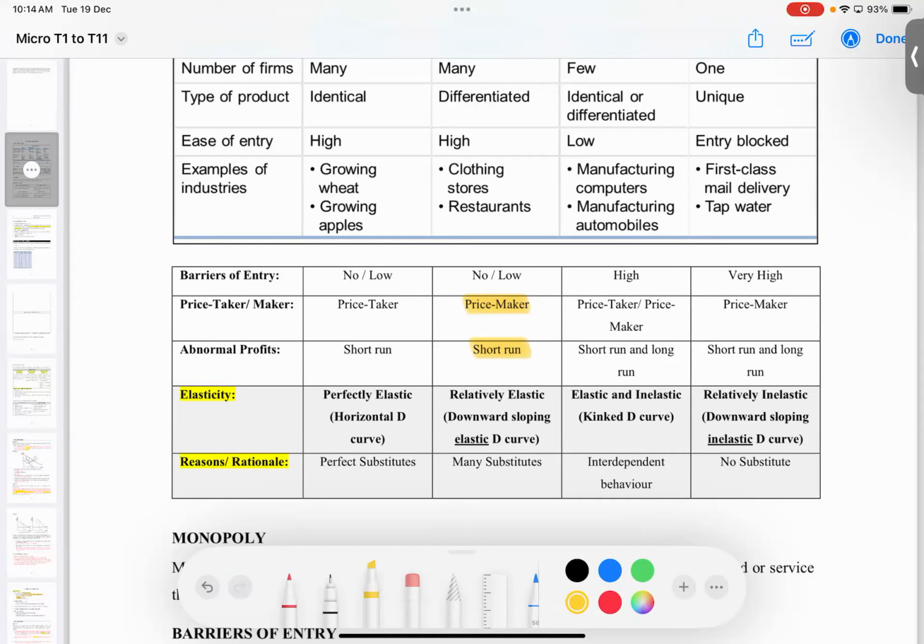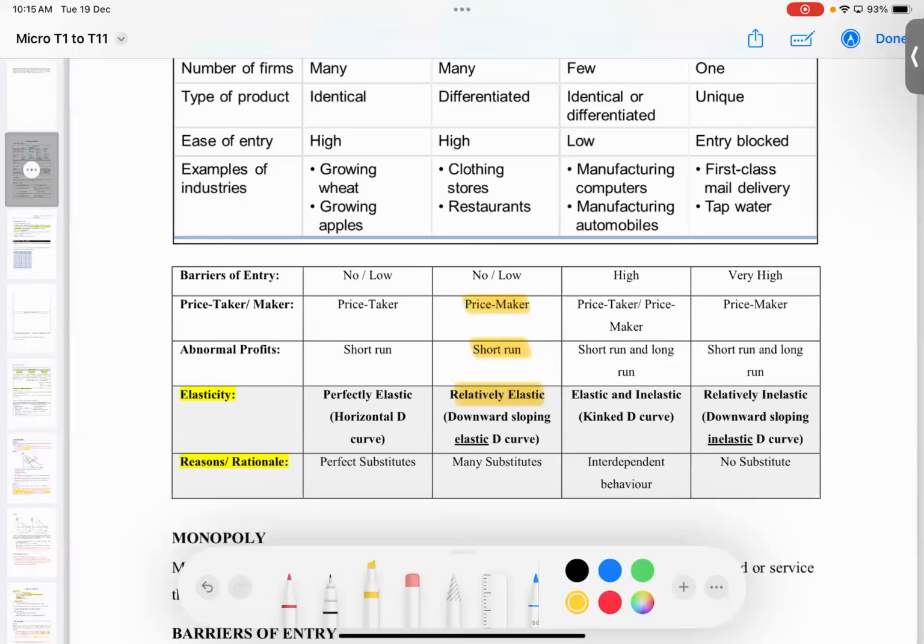What's most important is the elasticity itself. For monopolistic firms, the demand curve will be relatively elastic. Relatively elastic means quite elastic, very elastic. That means consumers will be very price sensitive. Not perfectly elastic like perfect competition, but quite elastic.